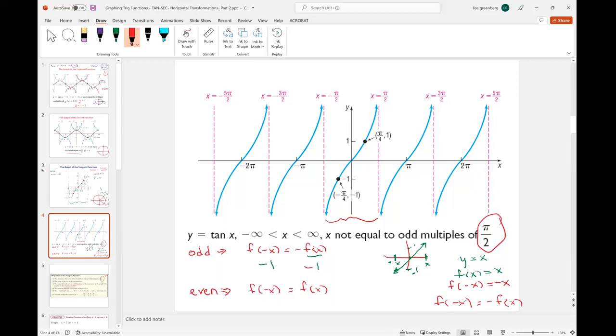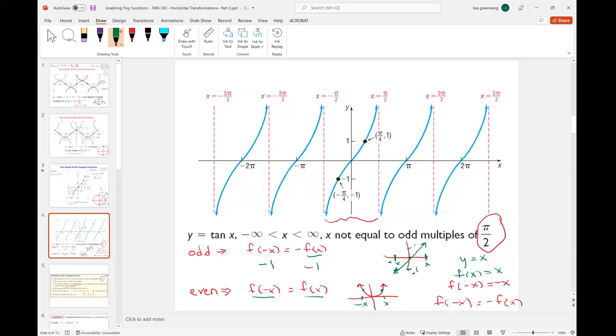Okay. So for even functions, this is a little different. Let's look at something that's even, maybe a parabola. So we can say that here's negative x and here's positive x. And notice the y values are the same, aren't they? That's what this means, that if I go in either direction, it's still going to be the same.